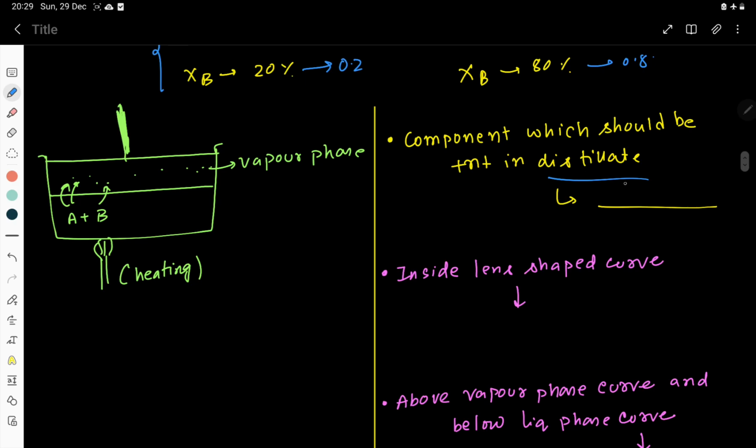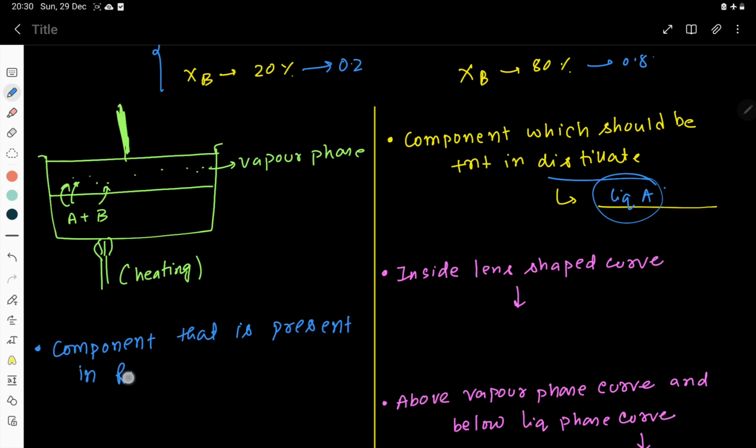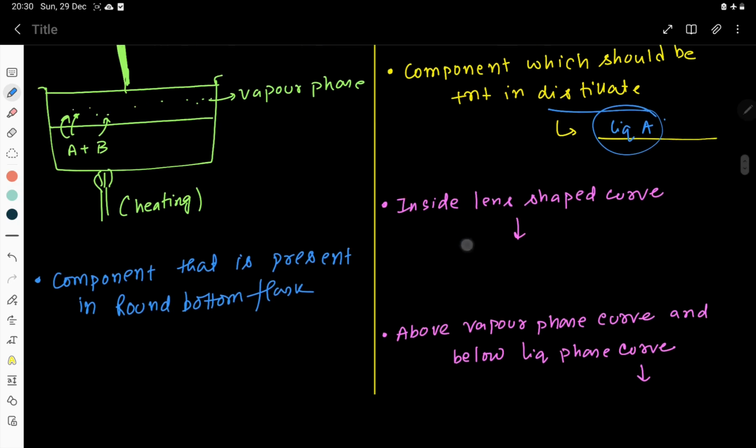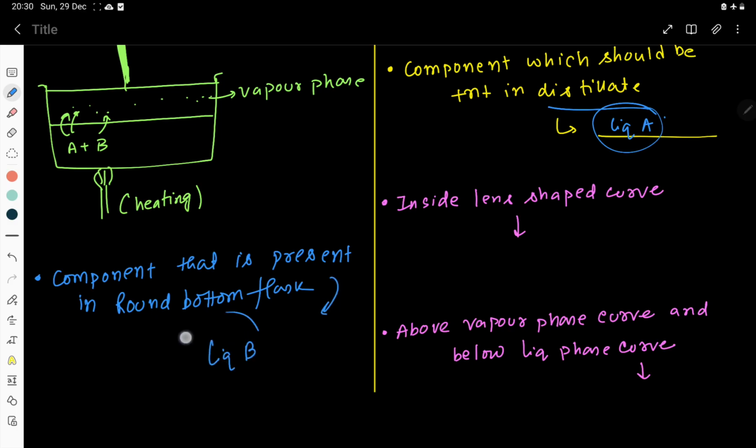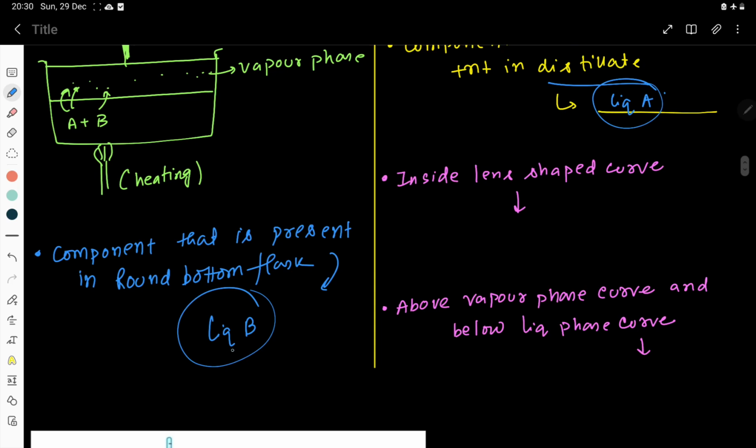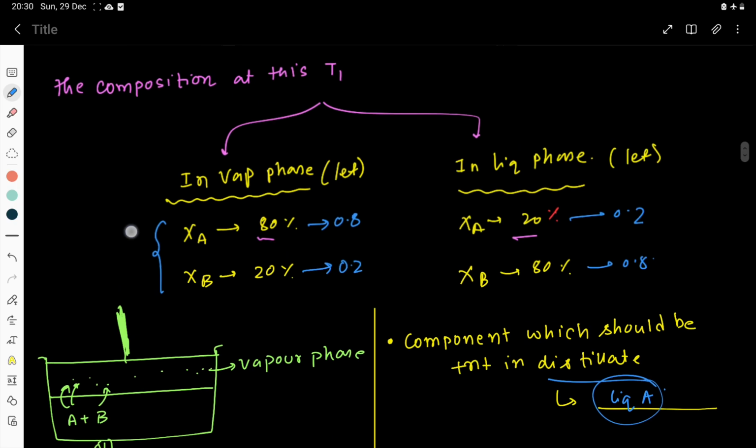So I can say that the distillate is basically liquid A. If I ask which component is present in the round bottom flask, this is nothing but liquid B. But it is not pure B. It has some amount of liquid A, but the maximum proportion is B.